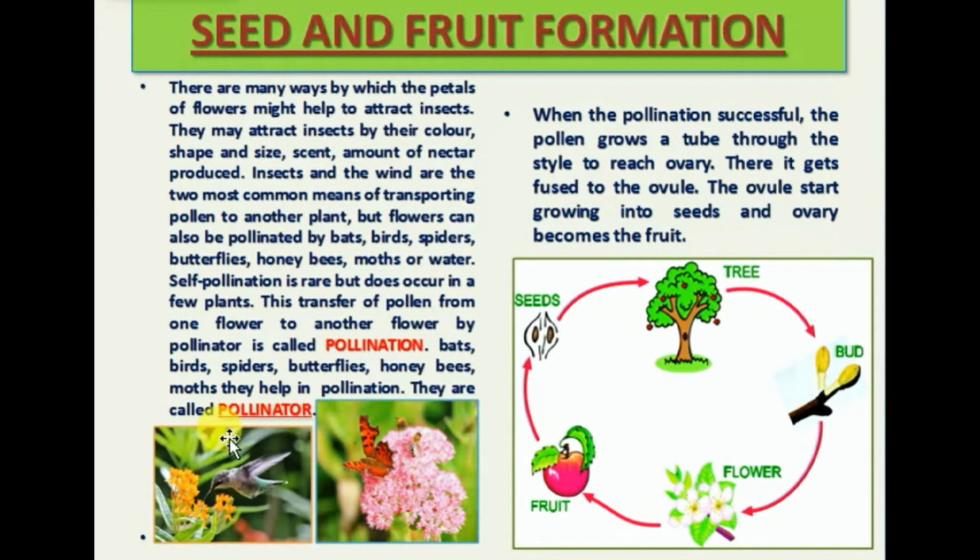That means the birds, spiders and butterflies help in pollination. In this picture, you can see a butterfly flying over the flower and a bird collecting the nectar, that means the honey.